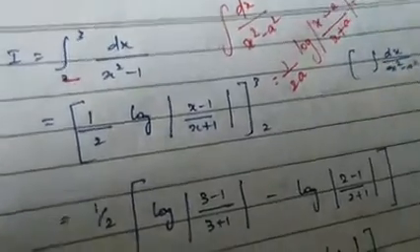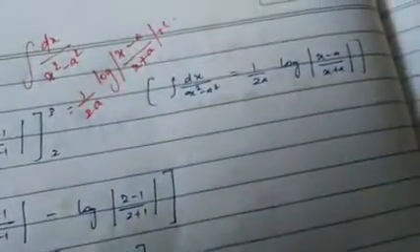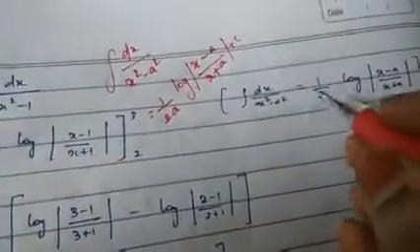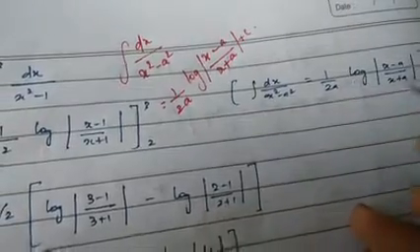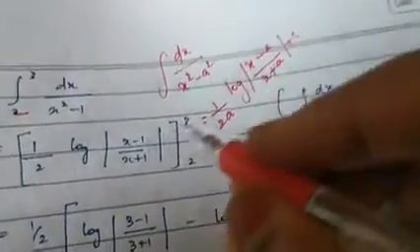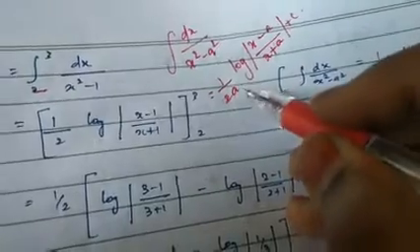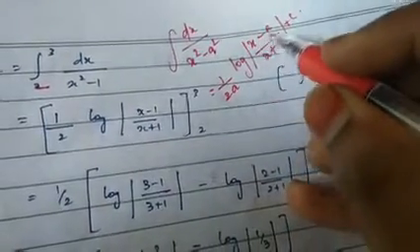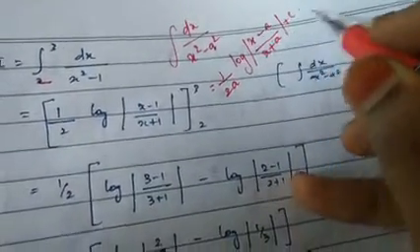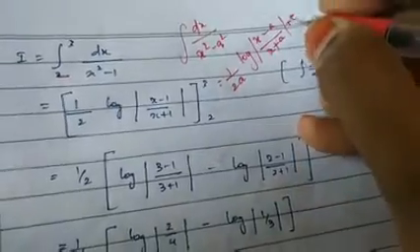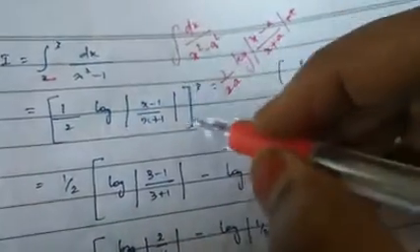See, did you remember? Yes. So, in the place of a, what is there? 1. So, 1 by 2 into 1 log of modulus of x minus 1 divided by x plus 1 plus c. Here, since there is a limit, no need to apply c here.